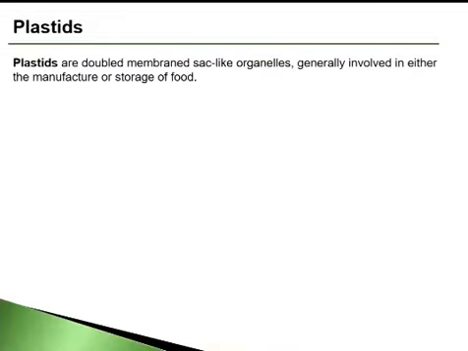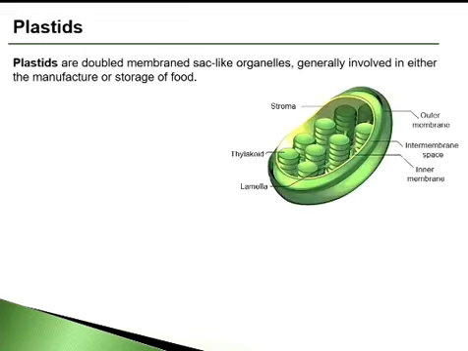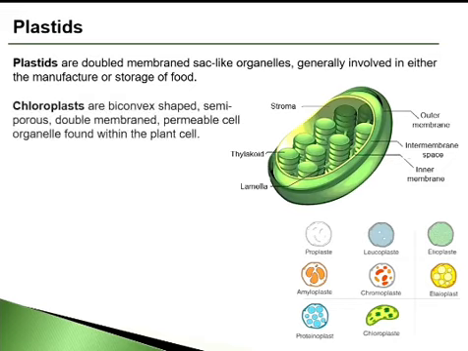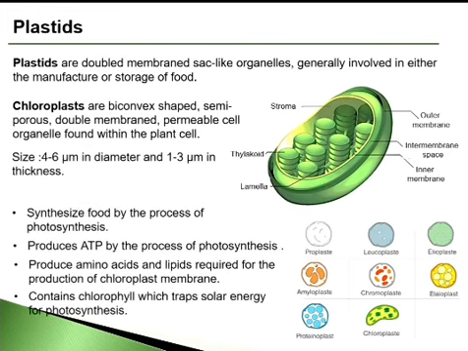Next are plastids, other organelles containing pigments. Depending on the type of pigments, plastids are mainly of 3 types: chloroplasts, chromoplasts, and leucoplasts. Chloroplasts are present in the plant leaf cells storing chlorophyll, a typical pigment required for photosynthesis.